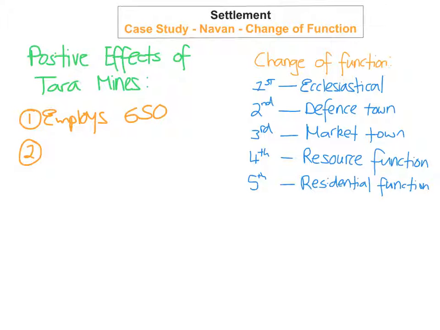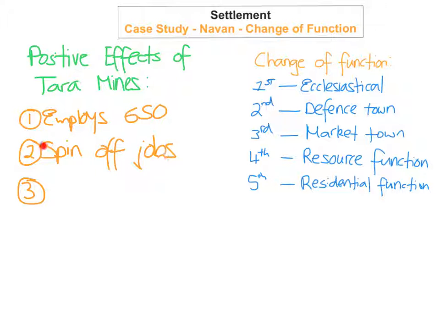There's been a creation of a lot of spin-off jobs, created as a result of the employment of people that work in Tara Mines. Tara Mines obviously employs people directly, but then we get a lot of spin-off jobs.